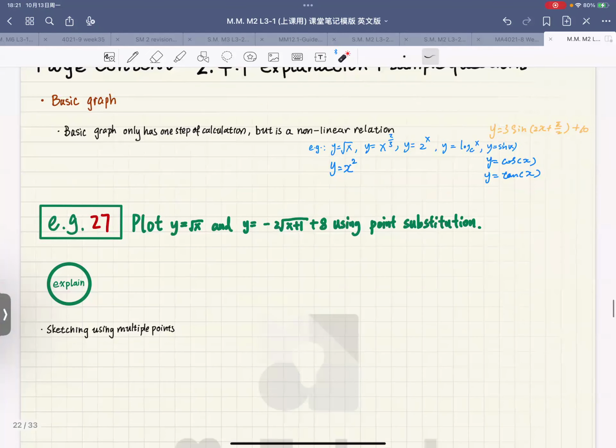Okay, let's have an example. Plot y is equal to square root of x and y is equal to -2 square root of x plus 1 plus 8 using point substitution.